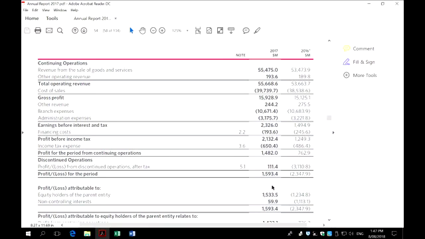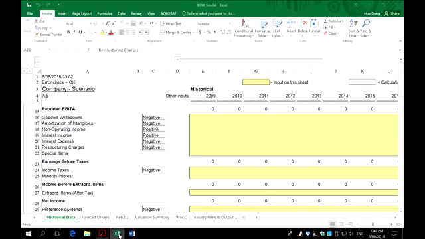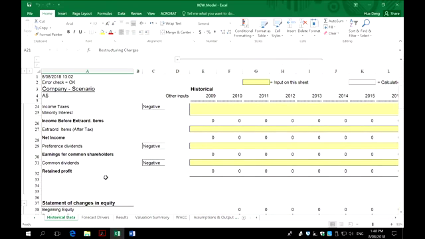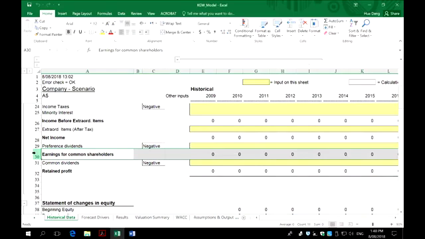So what you should try to input or come up with in your model is actually this number, $1.533 billion, for that line. Earnings for common shareholders. That should be, for 2017, $1.533 billion.